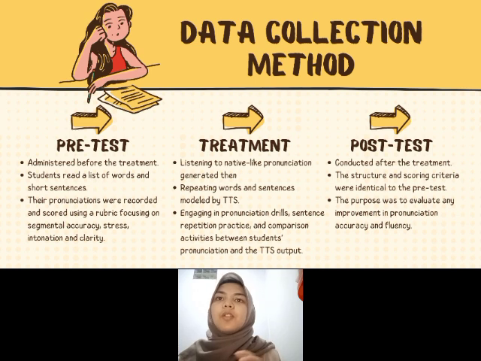For the treatment, students participate in several practice sessions using the Google Translate TTS feature. Activities include listening to native-like pronunciation models, repeating words and sentences modeled by TTS, and engaging in pronunciation drills, sentence repetition practice, and comparison activities between students' pronunciation and the TTS output.